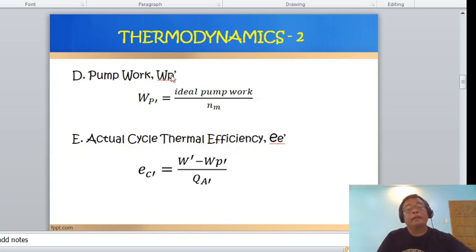In the ideal cycle, we do not consider the mechanical efficiency of the pump and other losses in the steam and liquid lines. Another, we have here the actual cycle thermal efficiency: the work prime minus the pump work prime over the heat added prime, Q_A. That is the thermal efficiency.